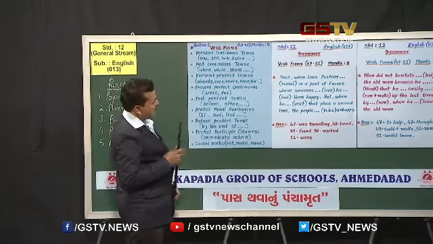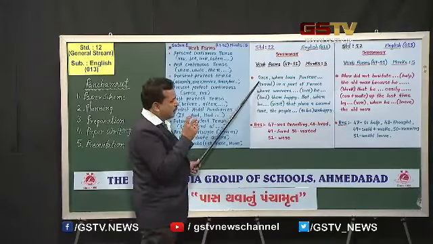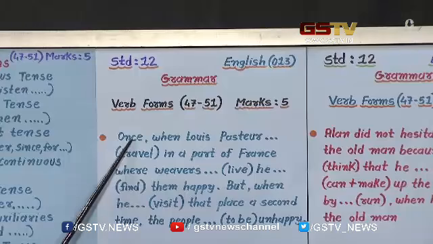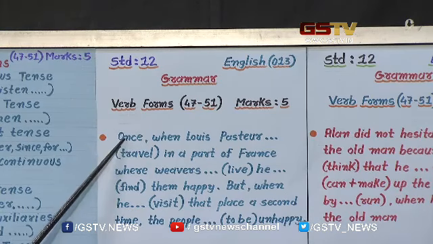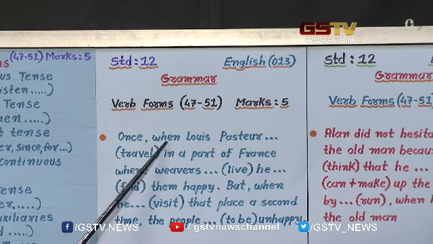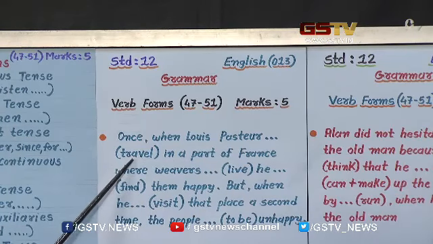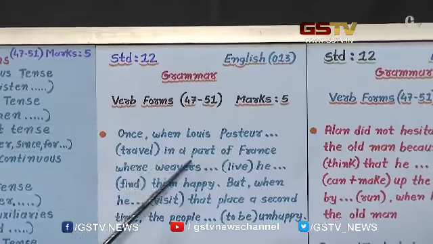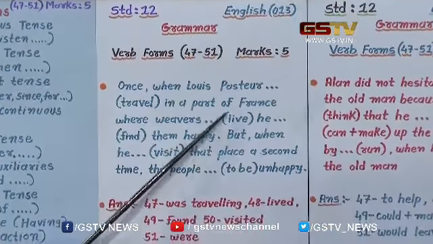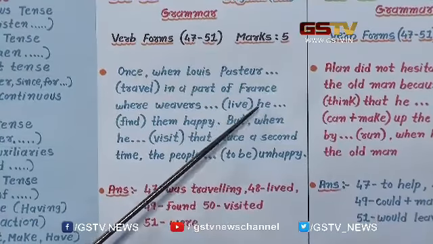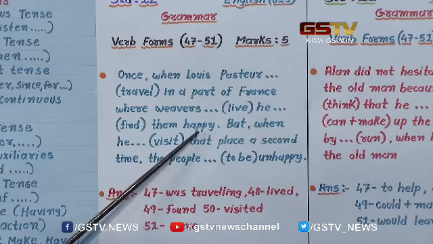Now, I have an example. Just see how you have to write and how you have to find out the correct answer. Here is one example of verb forms. Once, when Louis (pass) into a part of France, where weavers (live), he (find) them happy.